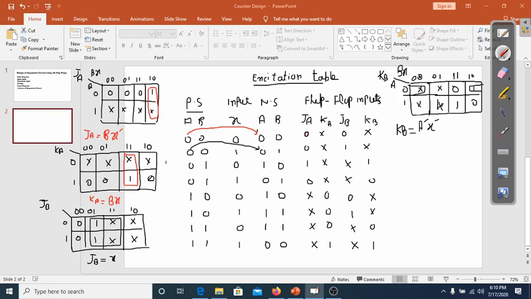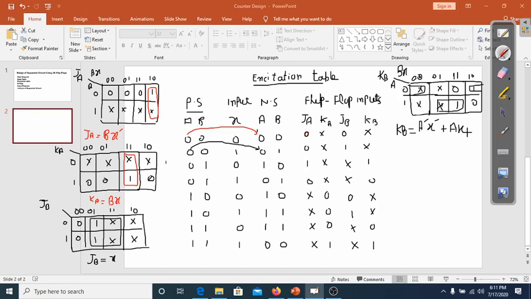By simplifying these two cells, this would be equal to A into X, since this B prime will simplify with the B. So these are the inputs for the JK flip-flops.